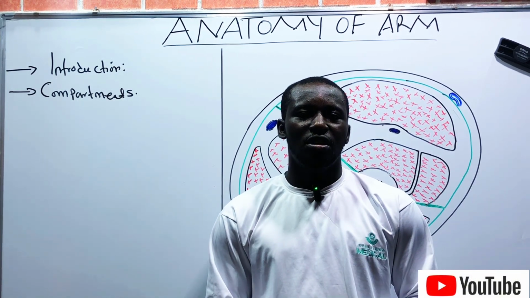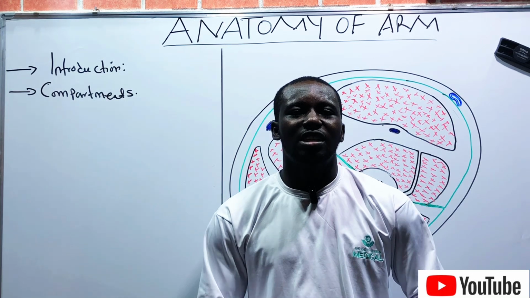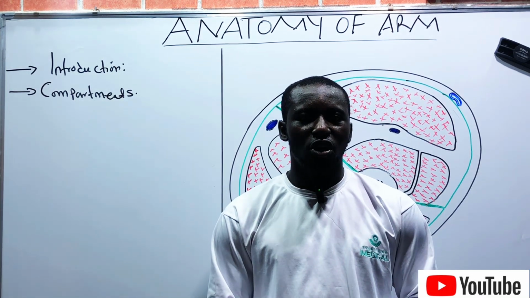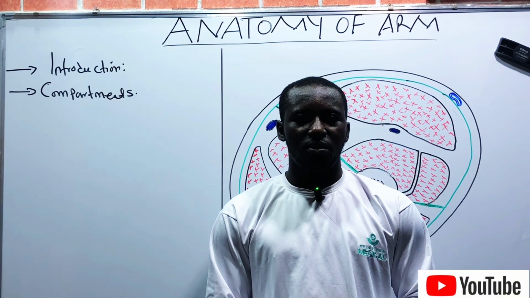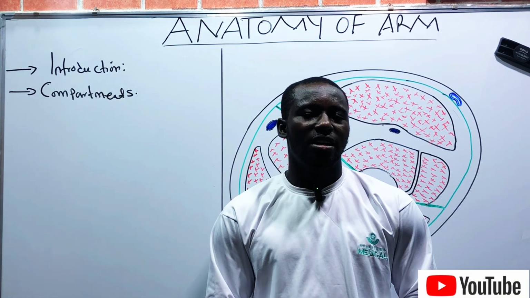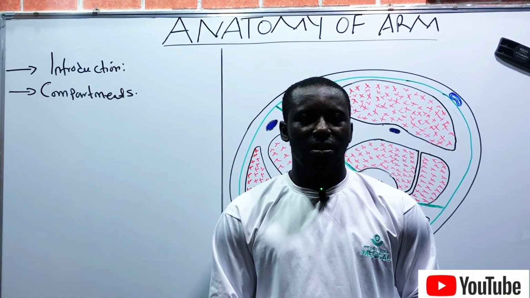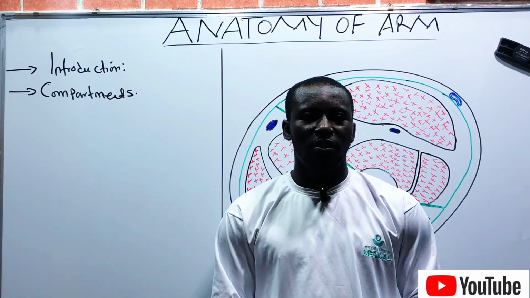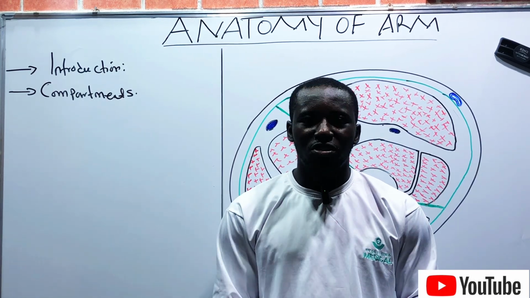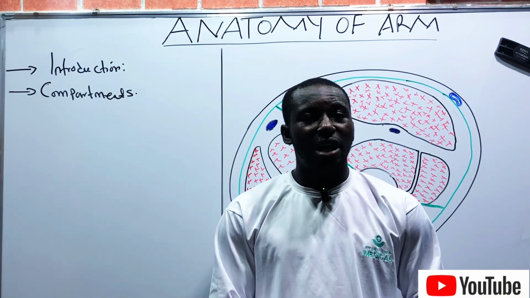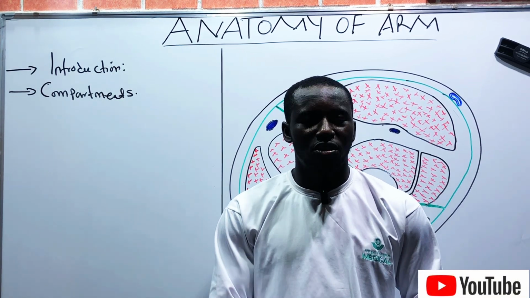We have the medial and lateral intermuscular septum. There are two intermuscular septa that help in partitioning the arm into compartments. We have the medial intermuscular septum and the lateral intermuscular septum.